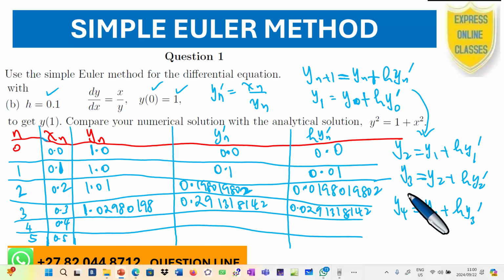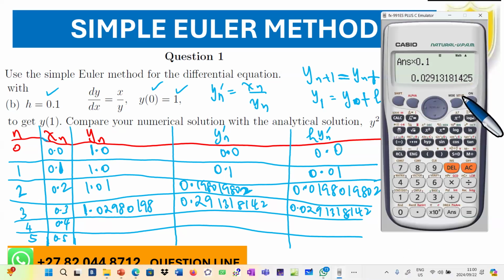it's going to give us, let's use the calculator for this one. Okay, so we're going to take this y3, 1.02980198 plus 0.0291318142.